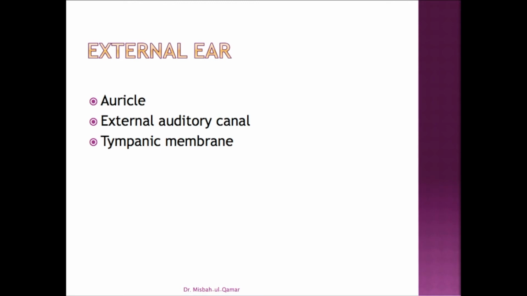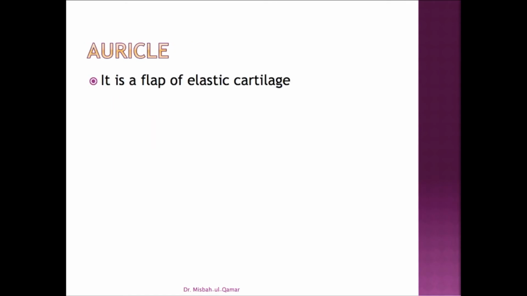Now, the external ear consists of mainly three parts: auricle, external auditory canal, and the tympanic membrane. The auricle is a flap of elastic cartilage covered by skin, and the rim of the auricle is called the helix, while the inferior portion is called the lobule, that you already know.